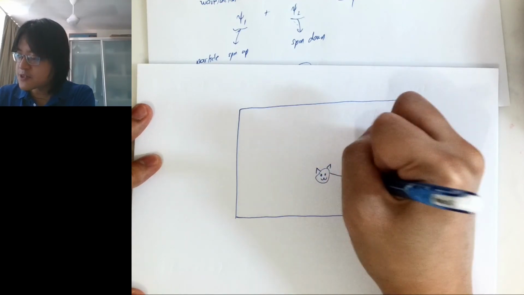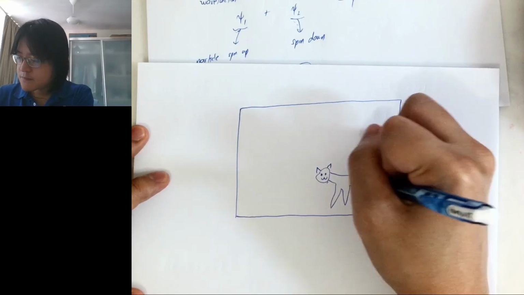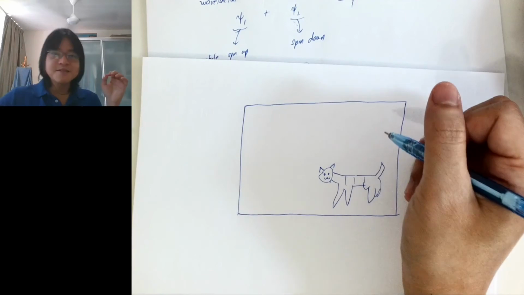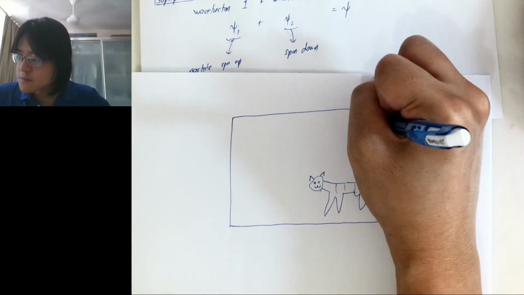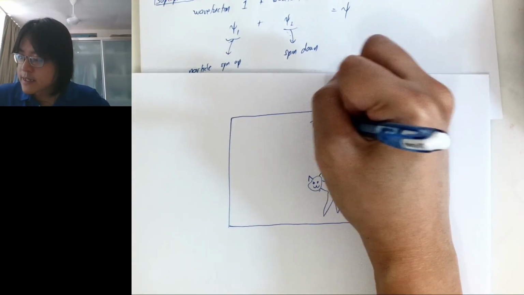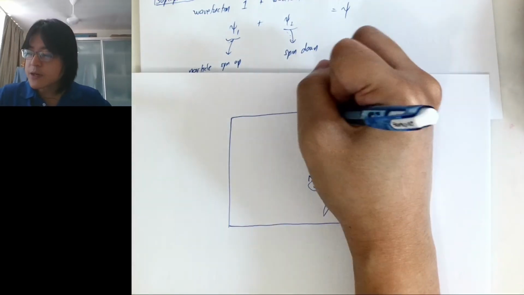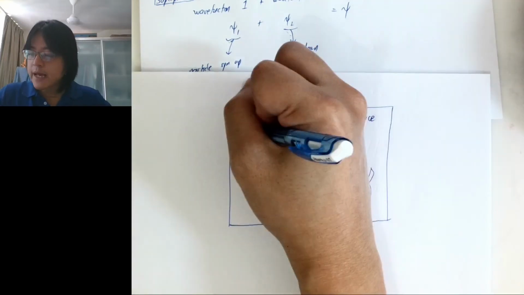let me draw a cat. So a cat in a box, and then I have a particle source. It is a source of particles that are in state 1 plus state 2. So this particle, I don't know whether it's pointing up or pointing down. But I have a detector.